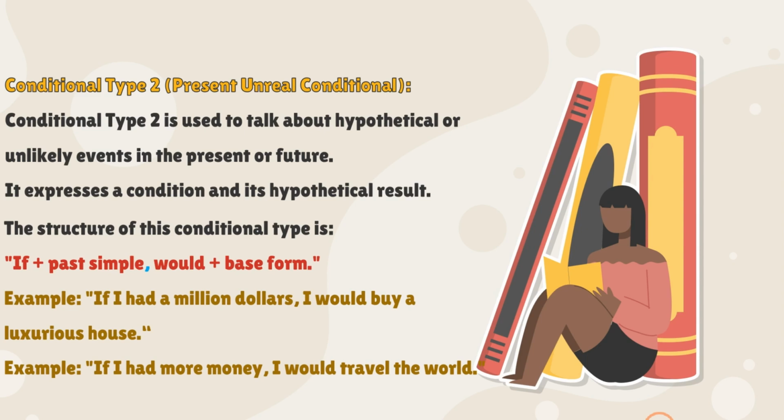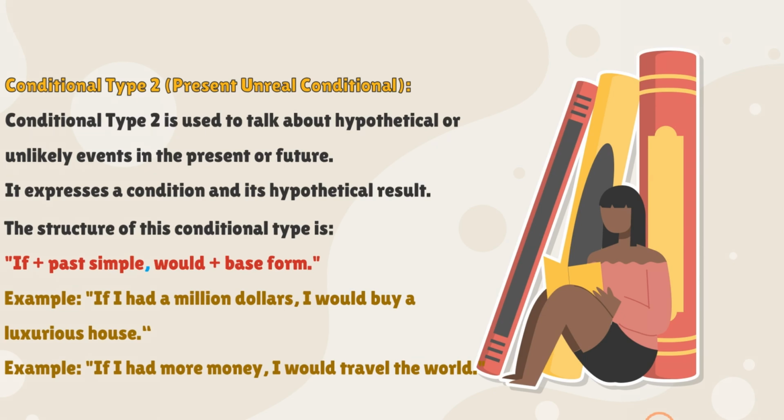In example number 2, the condition is if I had more money, and the result or consequence here is I would travel the world. It implies that the person doesn't have much money currently, but if he or she did, he would like to travel the world.